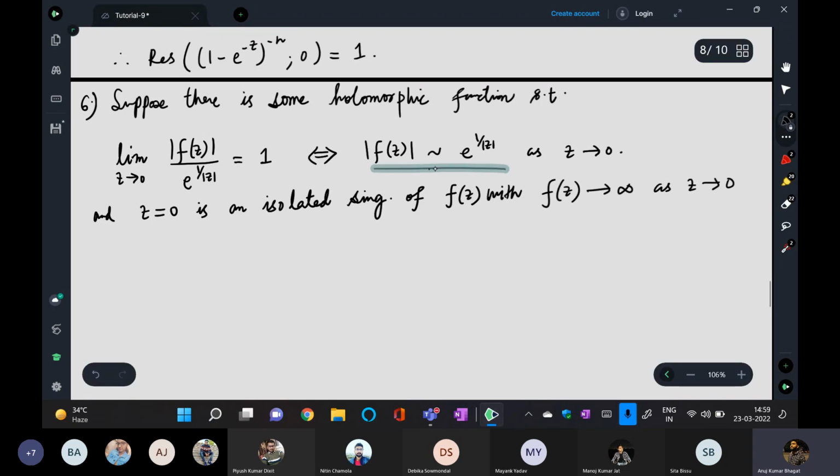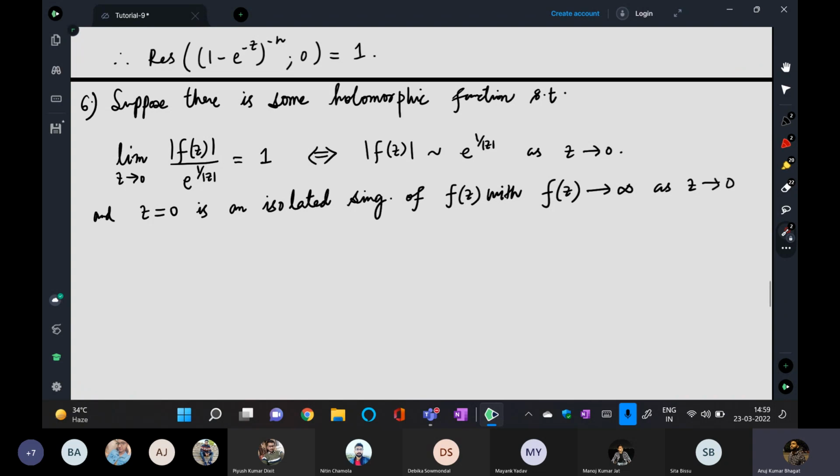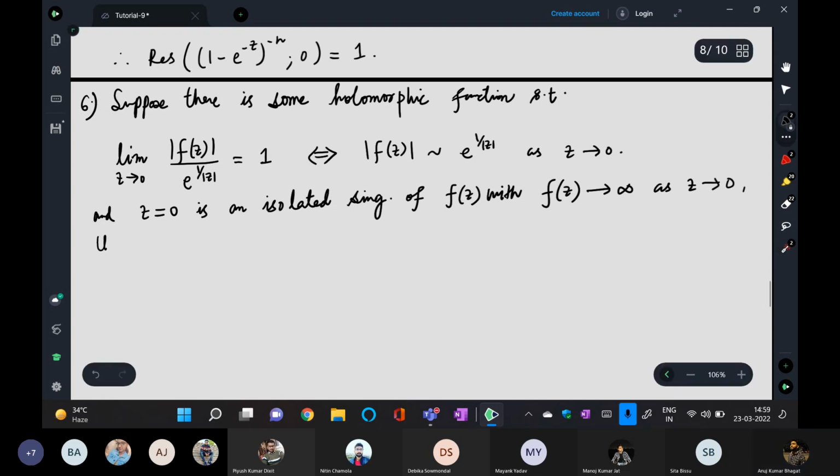Because when z is tending to 0, e to the power 1 by z tends to infinity, right, and these two functions are behaving in the similar manner, so f(z) will tend to infinity as z goes to 0. So that will imply then f has a pole at z equals to 0.